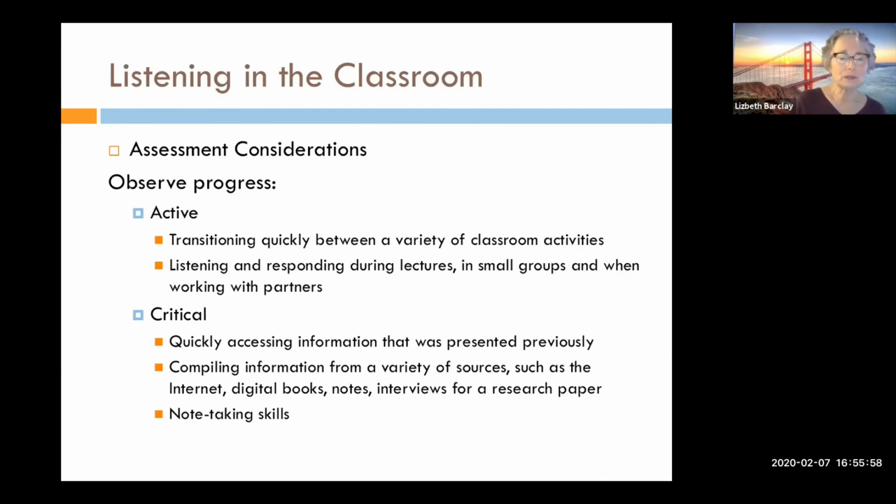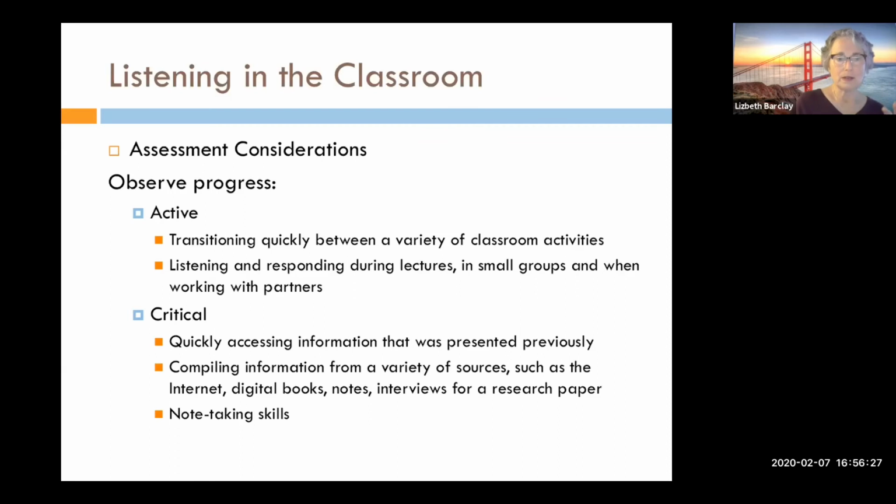We also need to be looking at their critical listening skills. Can they quickly access information that was presented? And can they compile that information from a variety of sources such as the internet, digital books, notes, and interviews for research papers, and note-taking skills? This is the time that they really need to be honing their note-taking skills.